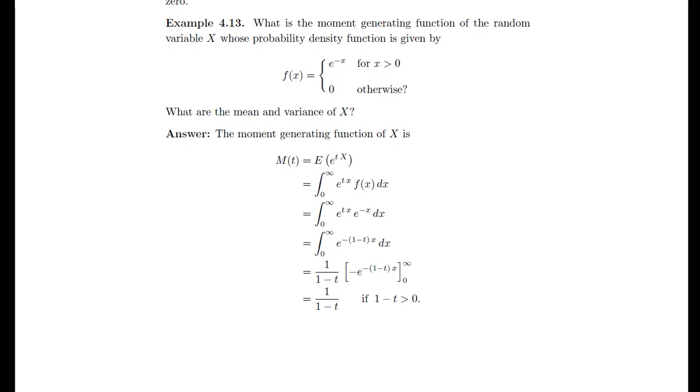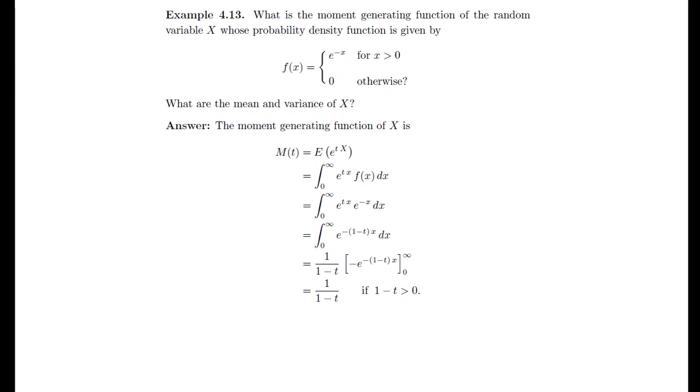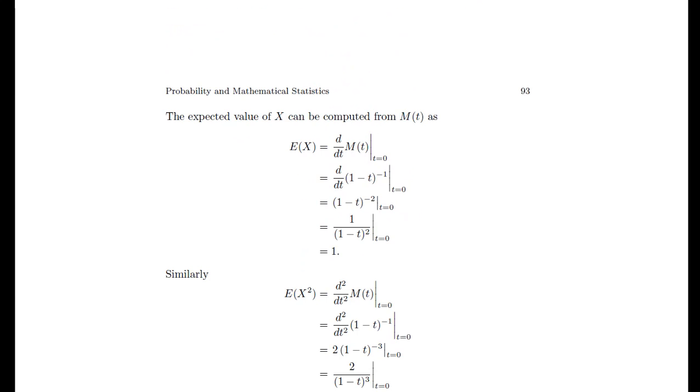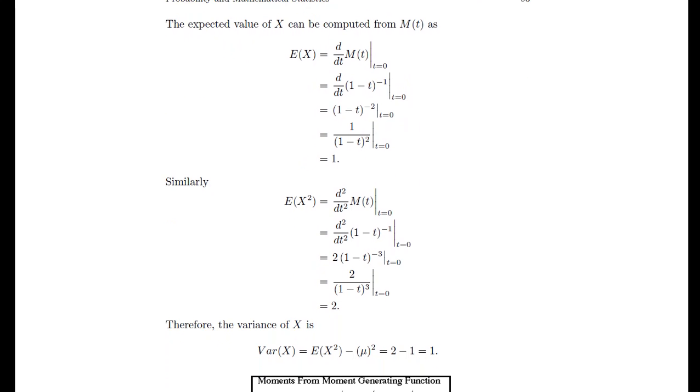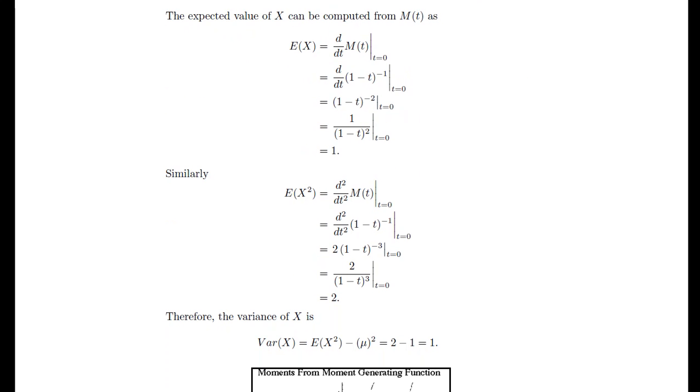This integration will be equal to finally 1 over 1 minus t if 1 minus t is greater than 0. The expected value of x can be computed from the moment generating function as follows.